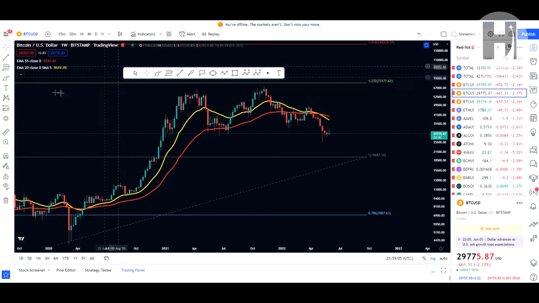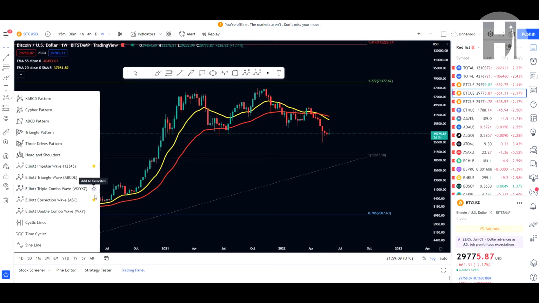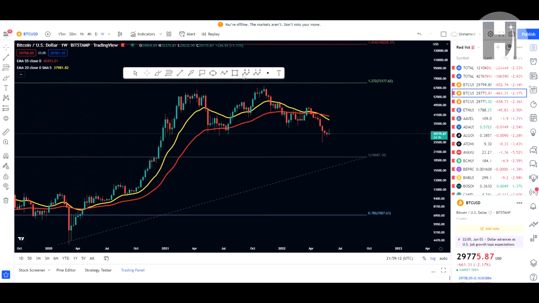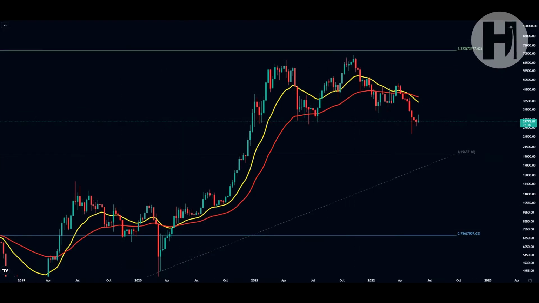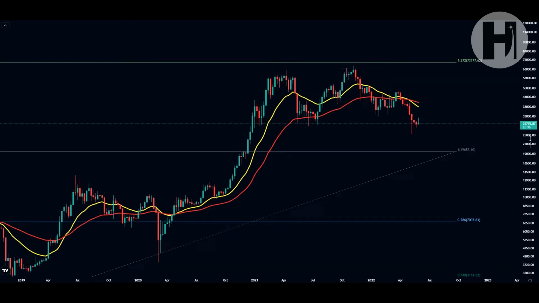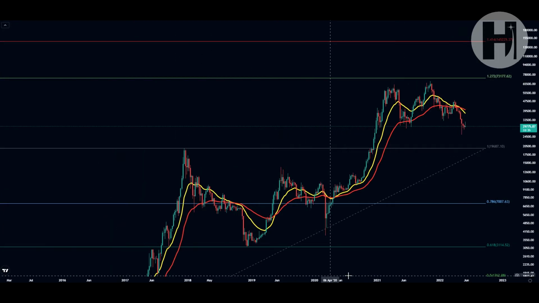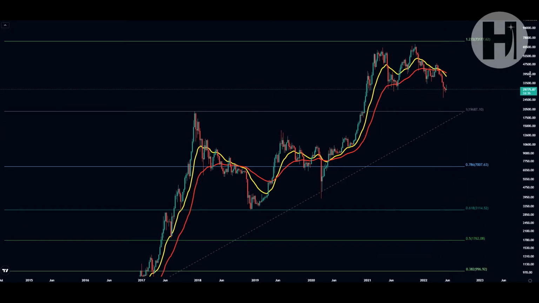So you just click the star on the right side, and that will add the indicators to your toolbar. Now, you just have to click it once, and then you can start drawing the waves. So it is very simple.